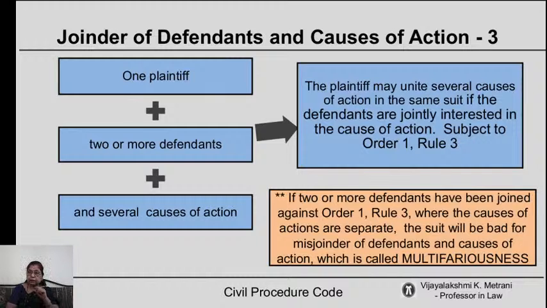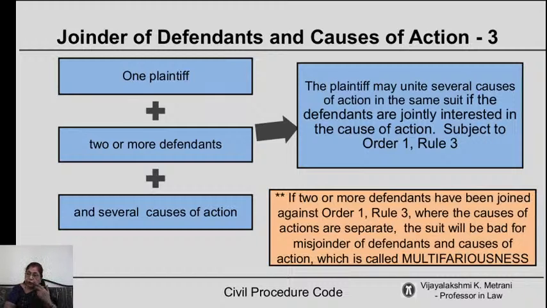Okay, and then 2 or more defendants can be joined. There may be several causes of action. The cause of action has arisen to the plaintiff by that injury, then later on he is taken to the hospital, and in the hospital, as a result of that injury, he suffers some other complications.